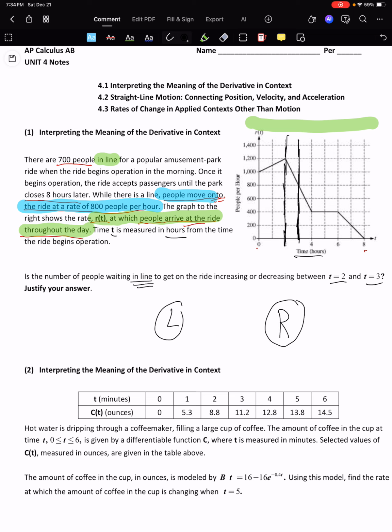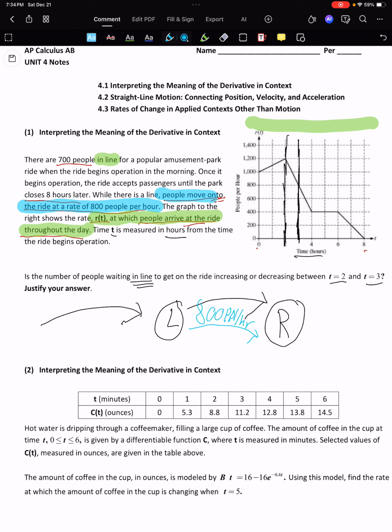To get to the ride, you need to go from the line. And to get to the line, you need to come from somewhere. So let's look at our rates. People are moving onto the ride at a rate of 800 people per hour. That's a constant rate from the line to the ride, 800 people per hour.